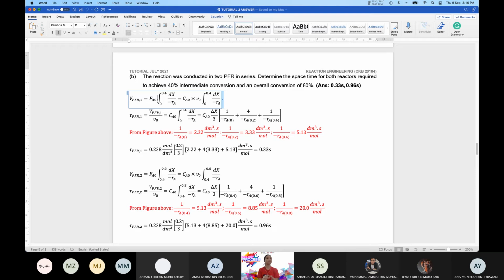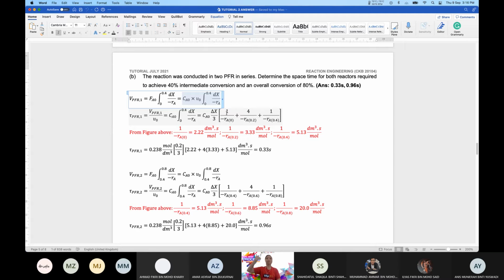So instead of writing in the form of Fa0, saya juga boleh tulis dalam bentuk Ca0 multiply with V0, sebab that is equal to Fa0, right? Ca0, V0, integral punya part tu masih kekal sebab kita hanya tukar part Fa0. On my left, volume. On my right, Ca0, V0, integral.